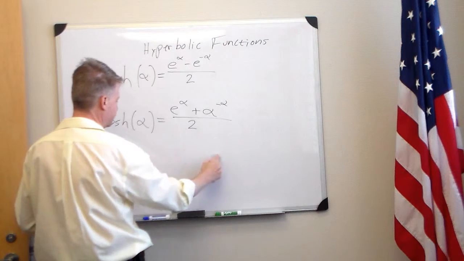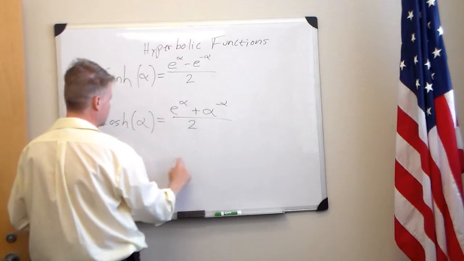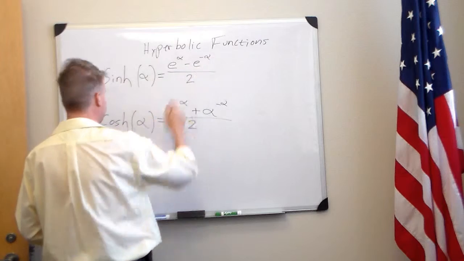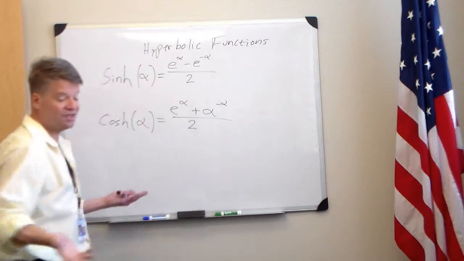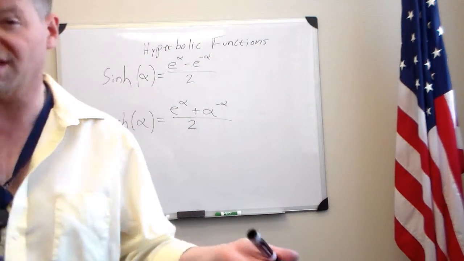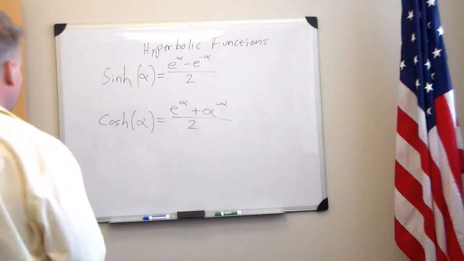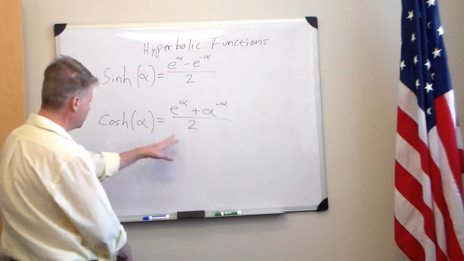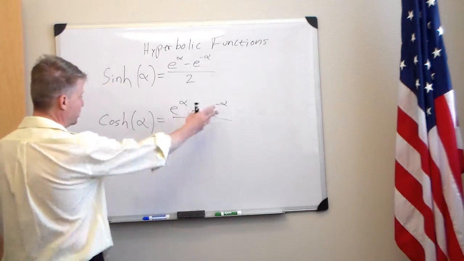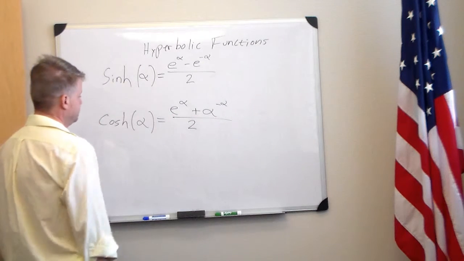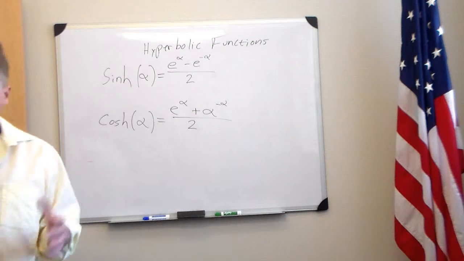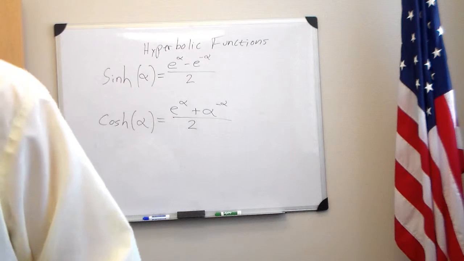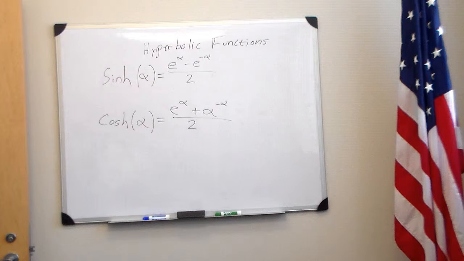You plot several values of alpha and what the number is. In the second table, you do e to the negative alpha. You do the same thing. You can do this on your calculator. Just punch it in, come up with the numbers. It's easy to do. To plot sine h, come up with the third table where you subtract. To plot cosine h, come up with the third table where you add. Then divide by 2 in a fourth table. Oh my God, are you kidding me? I don't see the point of that.